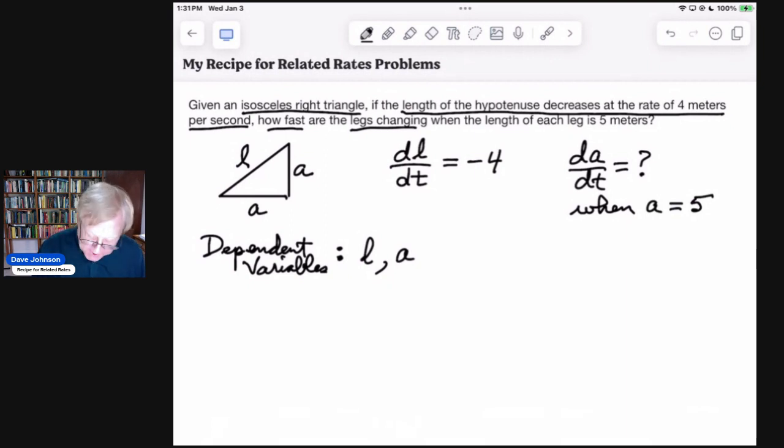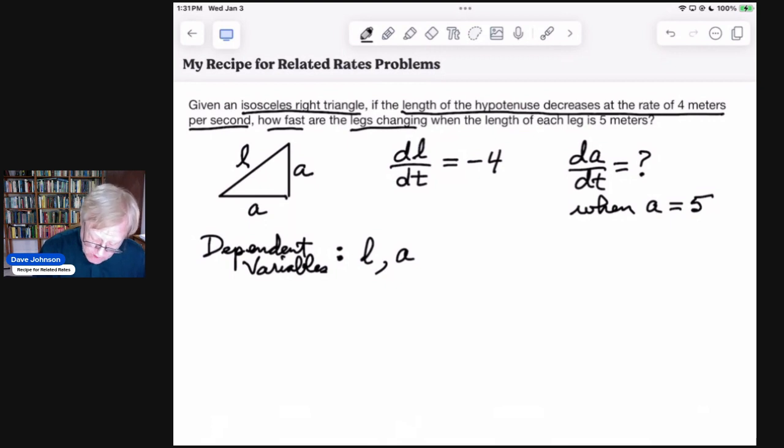Okay, so notice that the dependent variables are precisely the variables that we're differentiating in our rates. So L is one of the dependent variables, A is another dependent variable. And the next step is to find a relationship between those dependent variables, then we can eventually get the relationship between the rates of those dependent variables.